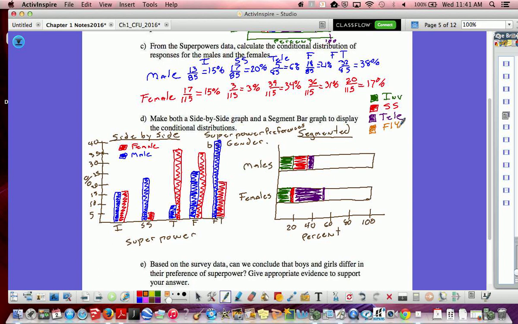So let's see, I've counted for 41, so I'd be just a little bit past 60. Actually 62 to be correct. And then I need to add 31%. Wow, I've already accounted for, I think it was 52 and 31 makes 83. So I'm all the way out to here.